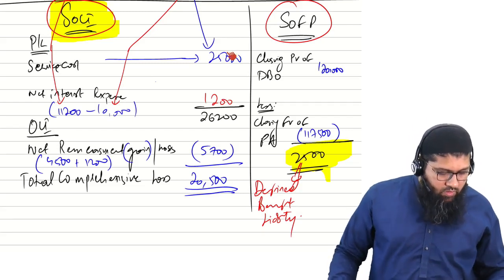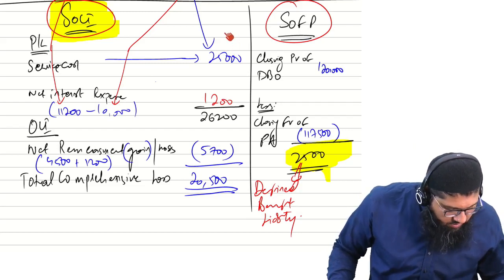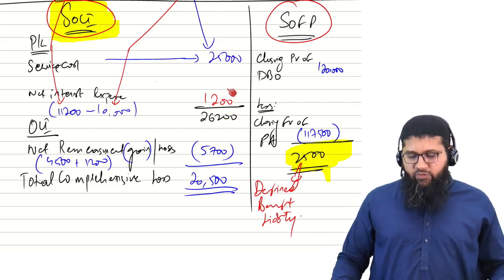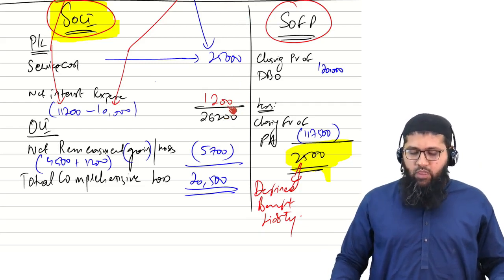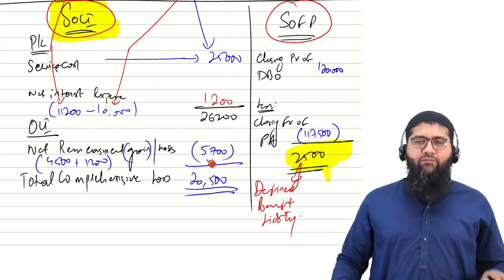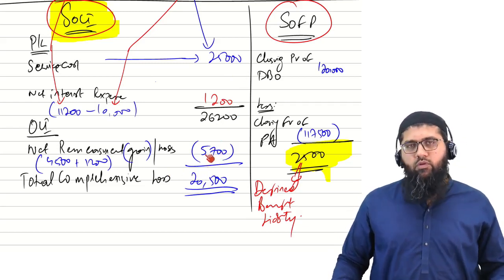Thank you, Mohtashim Ahmad. Yeah, because you see what happens is the expenses are being shown as positive. So therefore the gains have to be shown as negative.